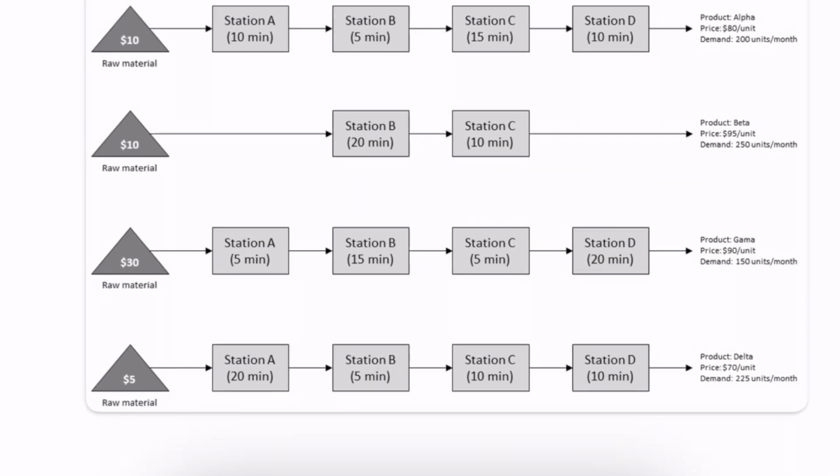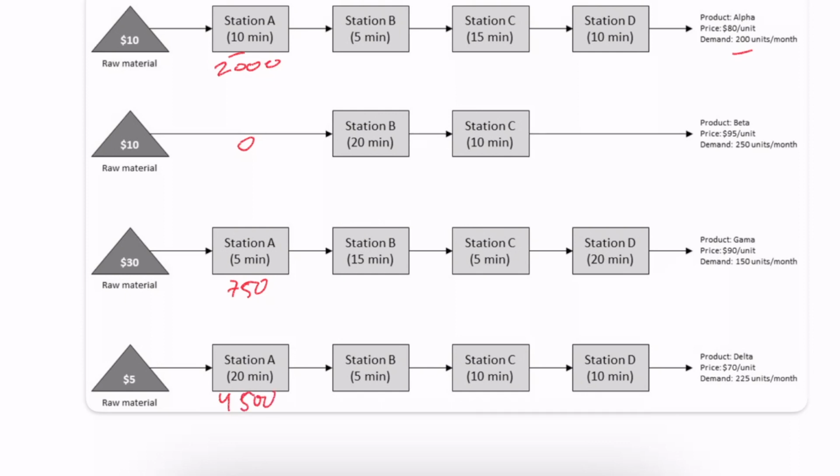And what we're going to do is find out the total time that we need to be able to produce the amount of products we need. Okay, so we have here on the left side how many units we're producing, and we have the time per unit. So we just multiply them, and what we're going to find is that station A is going to need 2,000 minutes, 0 minutes, 5 times 150 is going to be 750, and 4,500.